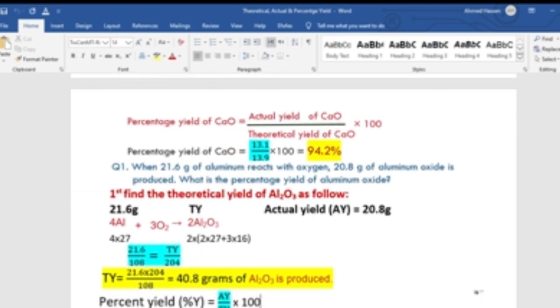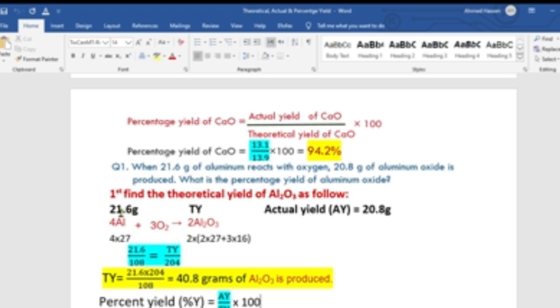Question 1. Let's say, when 21.6 grams of aluminum metal reacts with oxygen, 20.8 grams of aluminum oxide is produced. The product formed, the practically measured amount, is 20.8 grams. What is the percentage yield of the aluminum oxide? First, find the theoretical yield of aluminum oxide as follows.